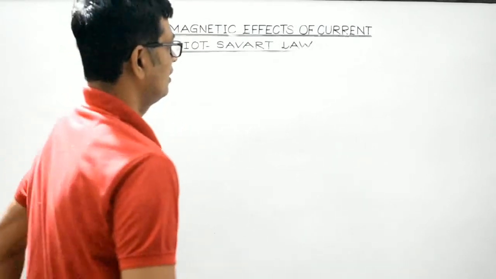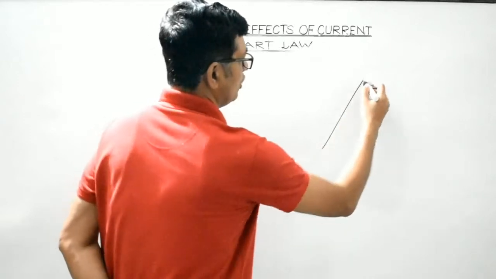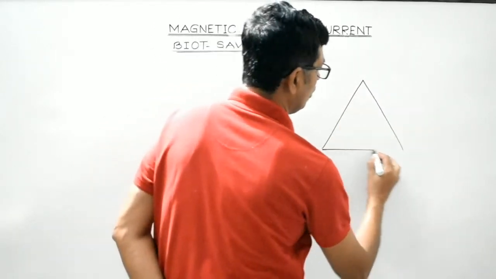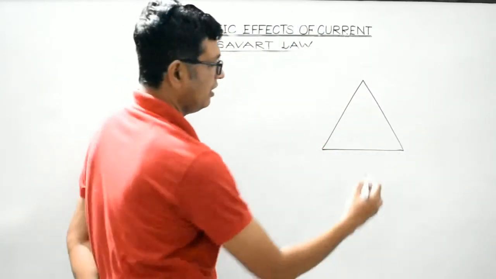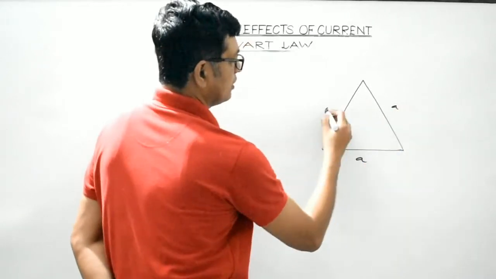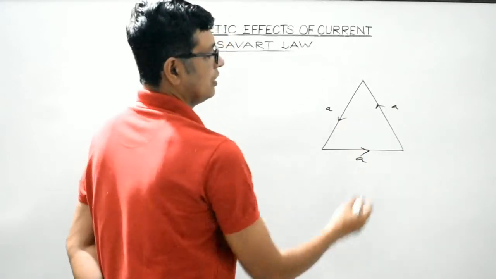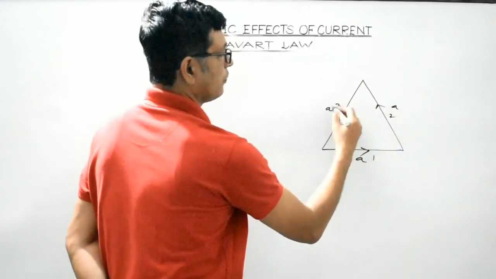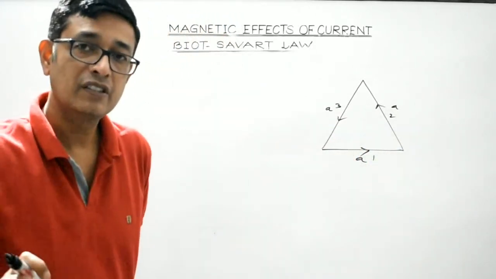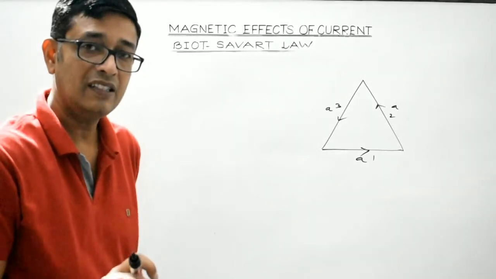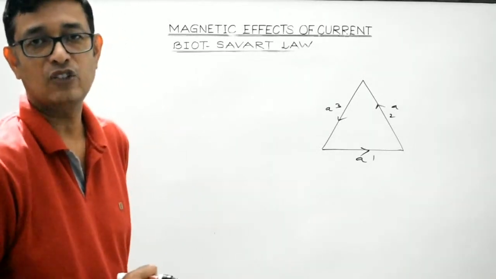Let us consider a triangular loop whose all the three sides are same, say A. And suppose current is flowing in the anti-clockwise direction like this. All the sides are equal. Our objective is to determine the magnetic field at the center of the triangular loop.